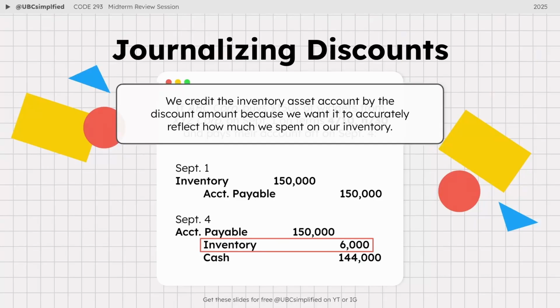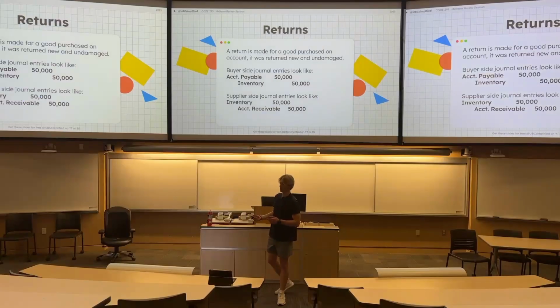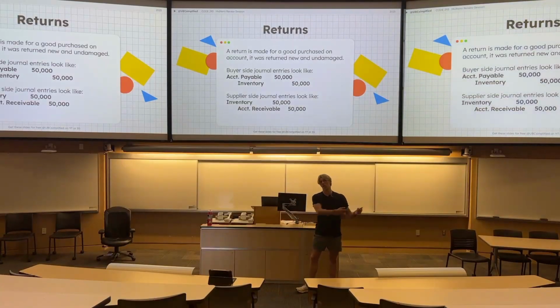Okay, so then what happens if we buy something and then we have to return it to the seller, or vice versa? Again, from the buyer side, this basically means you're going to be reducing your account payable because you no longer owe that, and you're also going to be reducing your inventory because you no longer have that inventory.